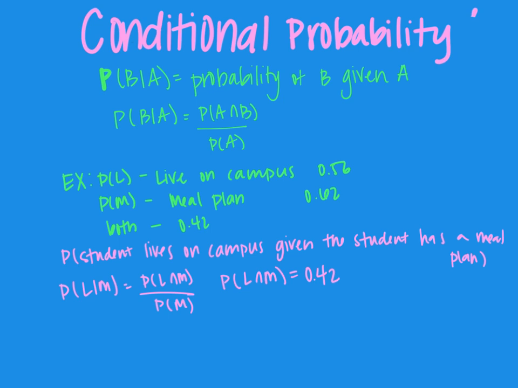So the probability of L given M is 0.42 divided by 0.62, which is 0.6777. So that's the probability that a student lives on campus given the student has a meal plan. So the student already has a meal plan. What's the probability that they will live on campus?